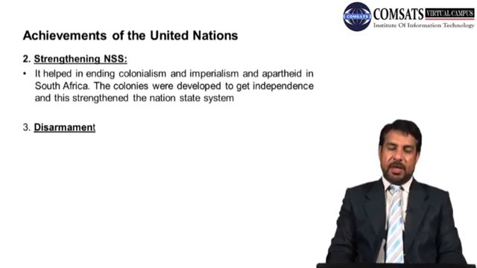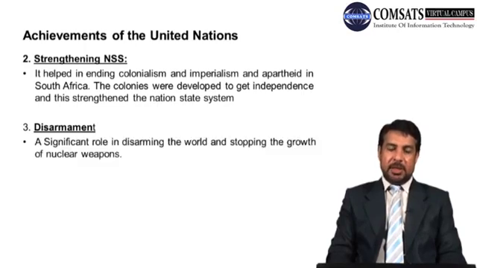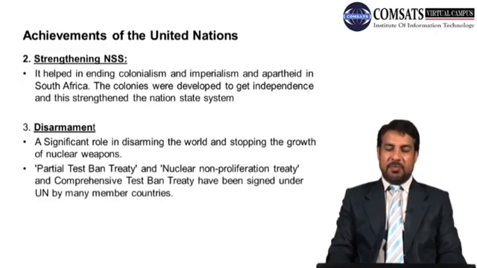इसकी जो तीसरी achievement है वो है disarmament. So in the field of disarmament, the UN has a significant role in disarming the world and stopping the growth of nuclear weapons.